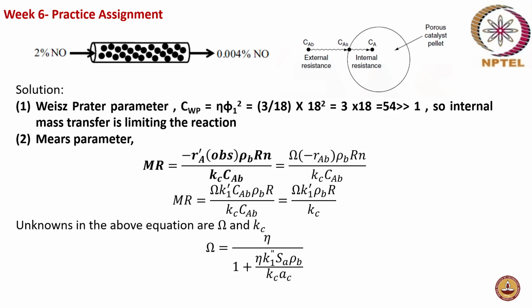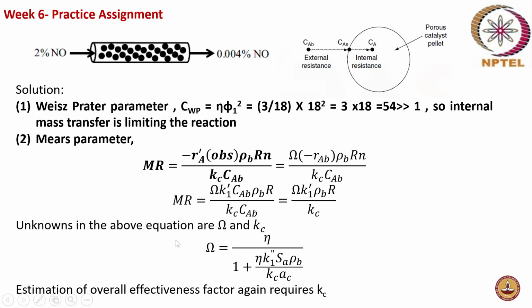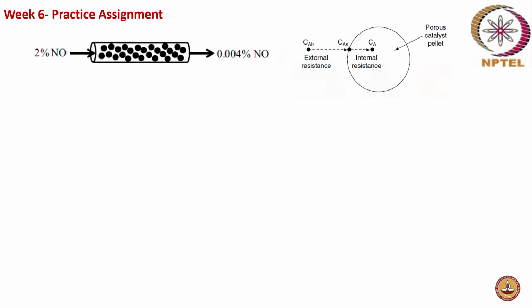So the formula for the overall effectiveness factor also requires the value of the mass transfer coefficient. The next parameter to be calculated is therefore the mass transfer coefficient. Now let us see how to calculate it.